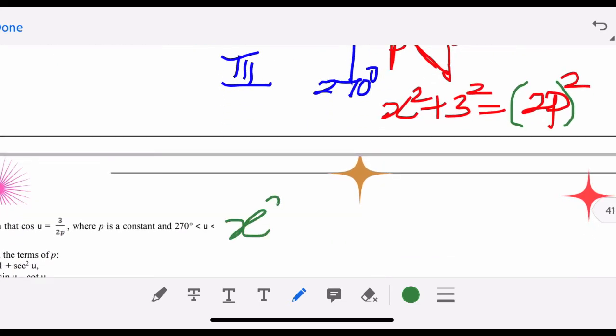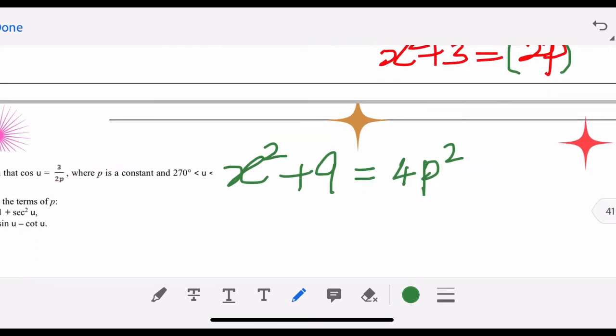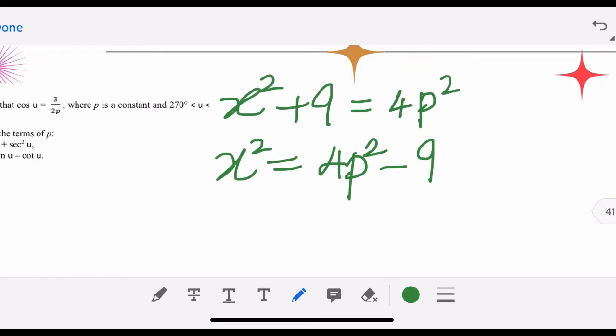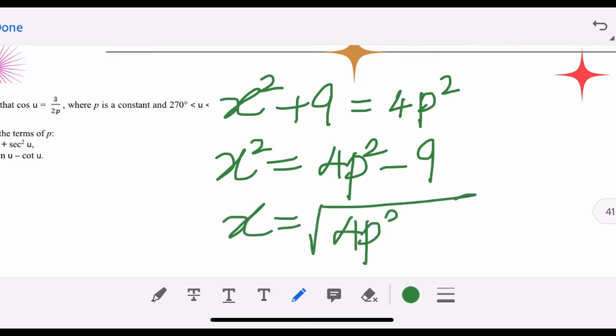Let me show you how to solve this. 2 squared is 4, and p squared is p squared, right? The majority of you have problems with the square, so you cannot get the answer. You must be very careful when finding the side of the triangle first.